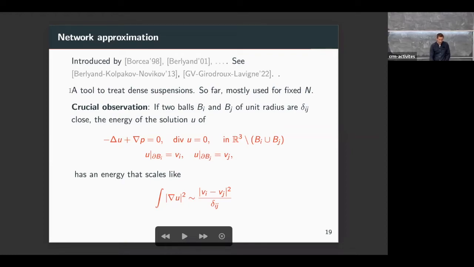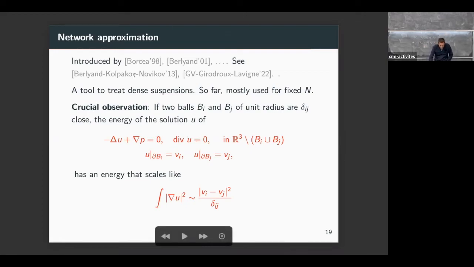And this is a nice tool to treat dense suspensions. But I think there are things that still need to be done, because so far the results really concern finite n systems. And here I think this technology or these ideas could be used in investigating the n goes to infinity limit.